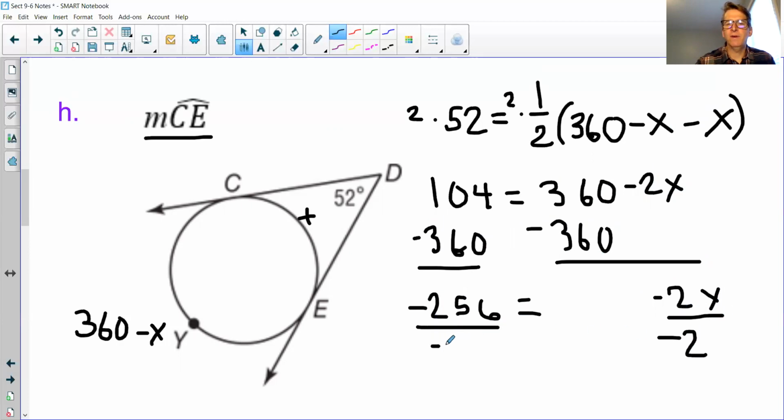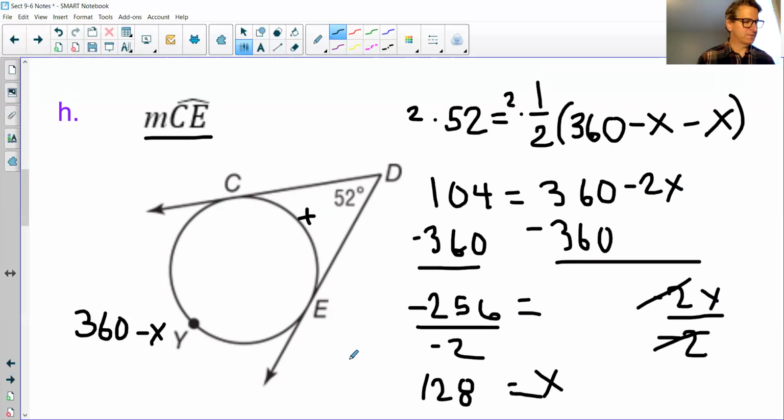And that becomes X equals 256 over 2, 128. So you might need to set your problem up, designate the arc that you're looking for as X, and then the other arc that you're working with, 360 minus X.